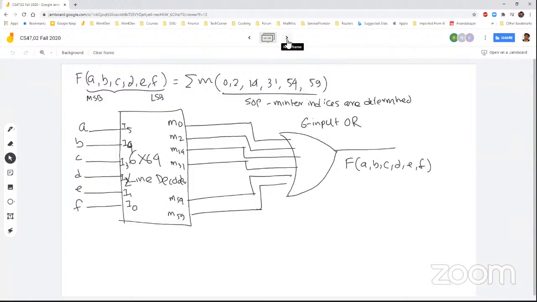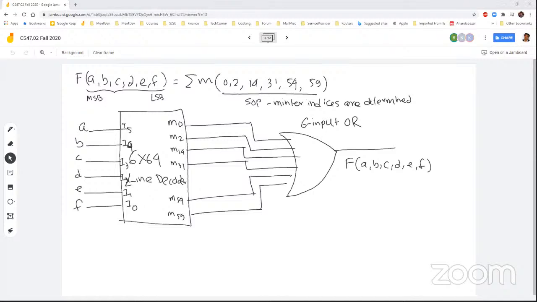That's the beauty of using this kind of standard component: it will rescue you in a situation where you cannot do the optimization by hand. But if you have a constraint that you cannot use a line decoder, you can still do something with this concept.